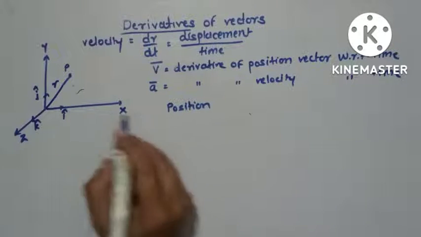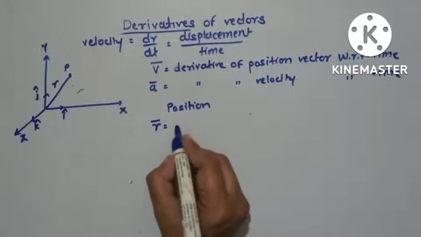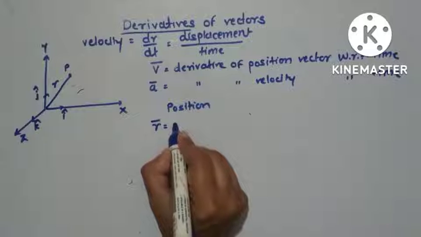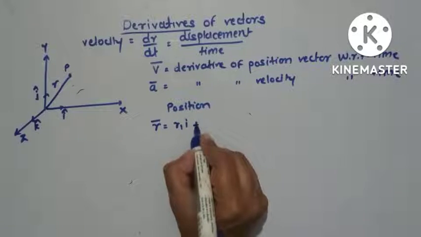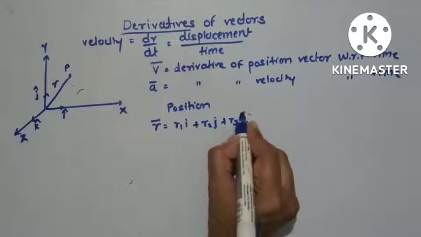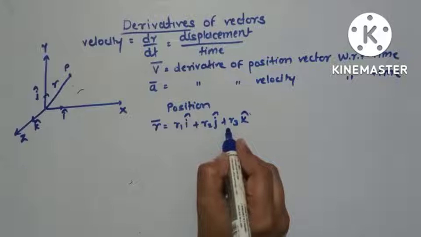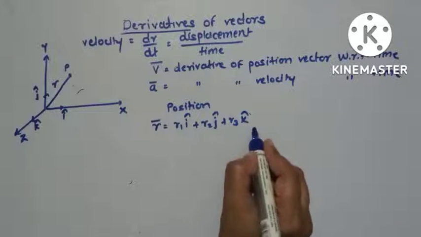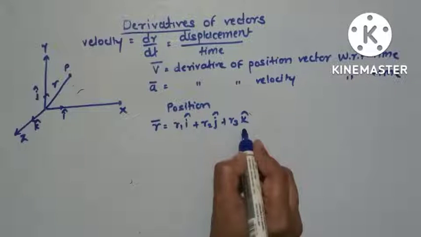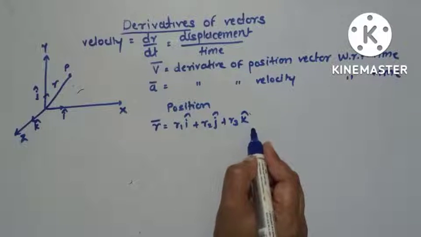Then the position vector of this point P can be given as vector r is equal to r1 i plus r2 j plus r3 k, where r1, r2, r3 are the magnitudes along x, y and z directions, and i, j and k are the conventional unit vectors along x, y and z directions.